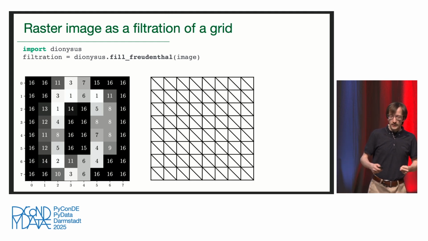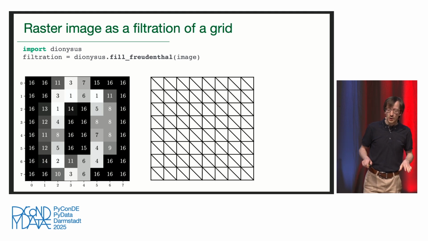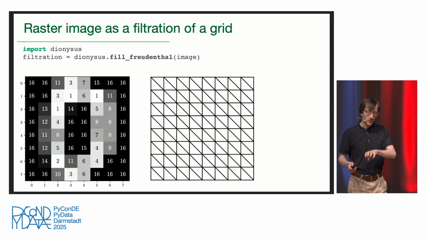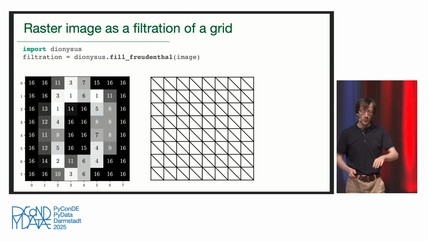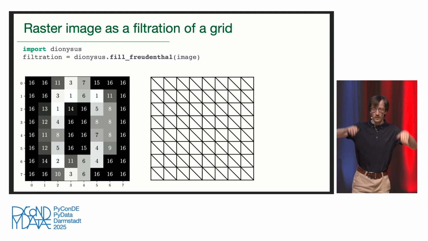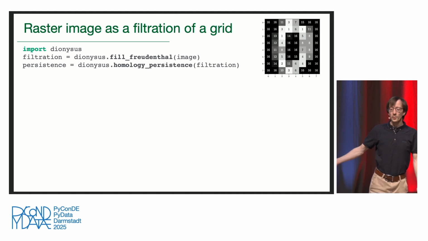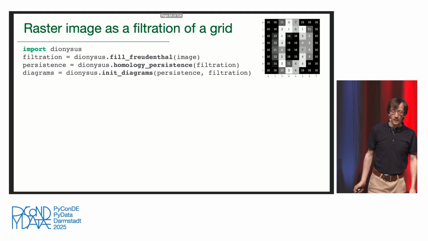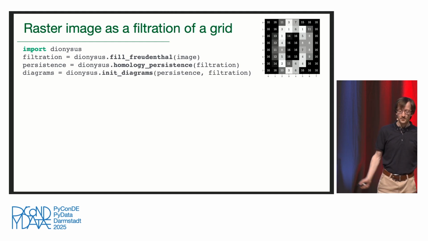What it does inside is build some triangulation of the image, and then puts weights on the triangles, the edges and the nodes, so that it corresponds to this intuition that I described before with the water going from the bottom up. Okay, so then we ask Dionysus to compute the homology, and then we get the diagrams.